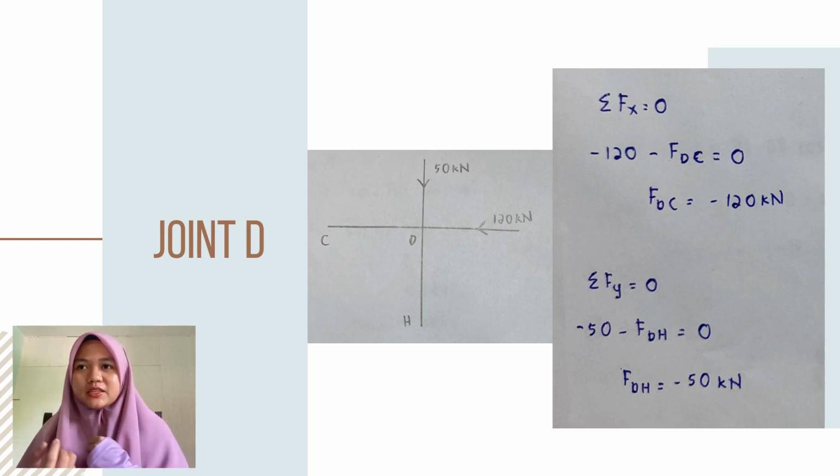The answer is FDC is negative 120 kilonewton. Second calculation is the Fy equation equal to 0, negative 50, negative FDH equal to 0. The answer FDH is negative 50 kilonewton.